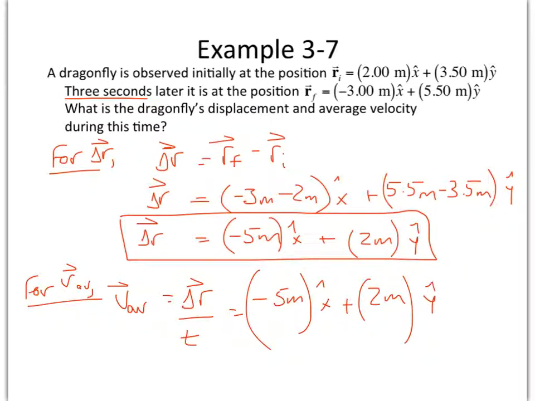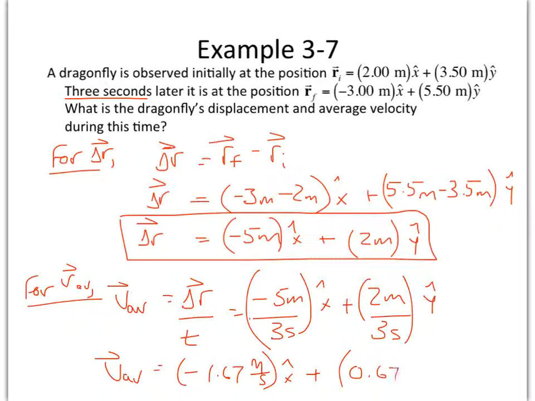Well, we can just divide them by the amount of time that elapses. So that's 3 seconds and 3 seconds. So the average velocity written in unit vector notation is going to be negative 5/3, what's that? Negative 1.67 meters per second. We've got a new unit now because now it's velocity, x hat. And what's 2/3? That's 0.67 meters per second. That's going to be the y hat value of our average velocity.